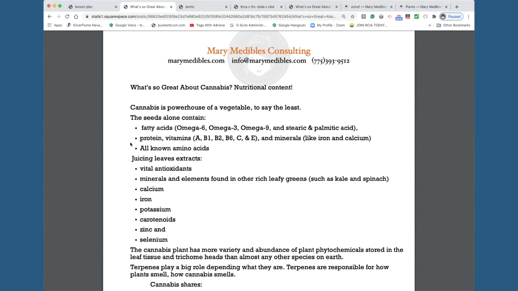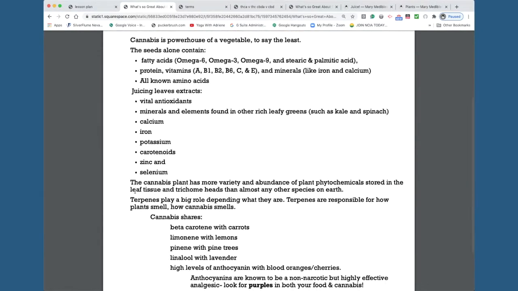It contains all known amino acids, and juicing leaves extracts vital antioxidants, minerals and elements found in other rich leafy greens such as kale and spinach: calcium, iron, potassium, carotenoids, zinc, and selenium.